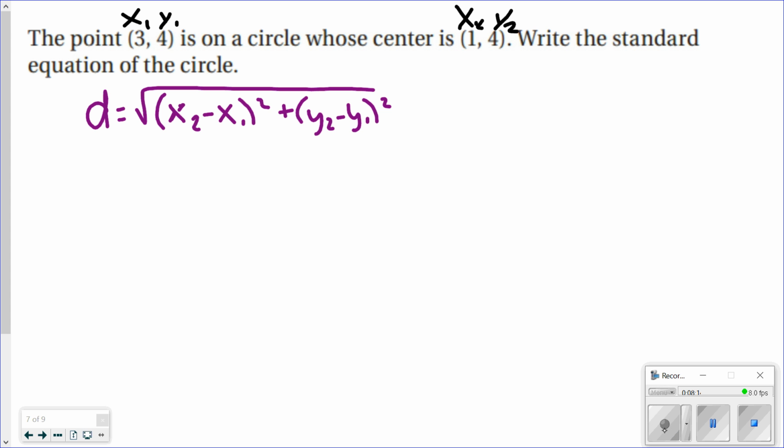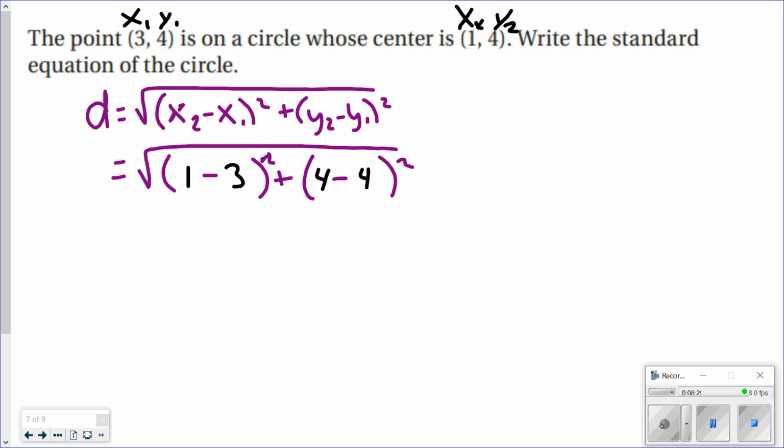Here's my distance formula. The distance formula is the square root of x2 minus x1 squared plus y2 minus y1 squared. So now I'm going to plug in my x1, y1, x2, y2 into the distance formula. So now let's simplify in the parentheses. So this simplifies to, well, 1 minus 3 is -2.